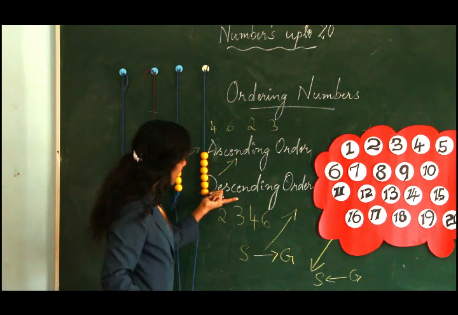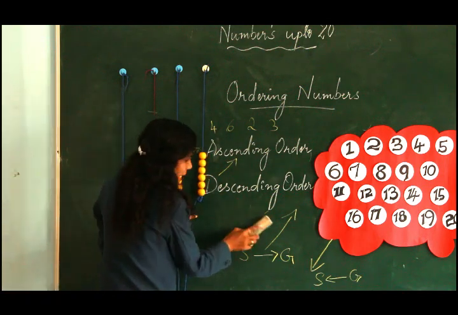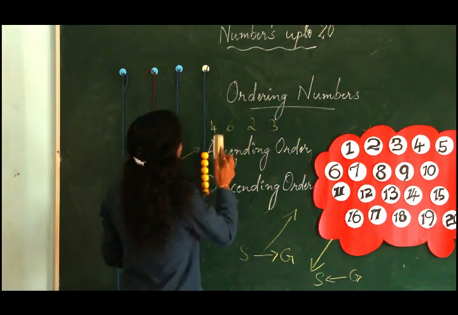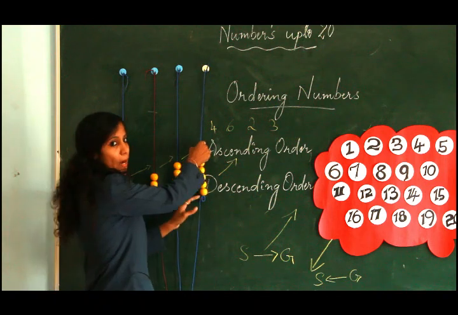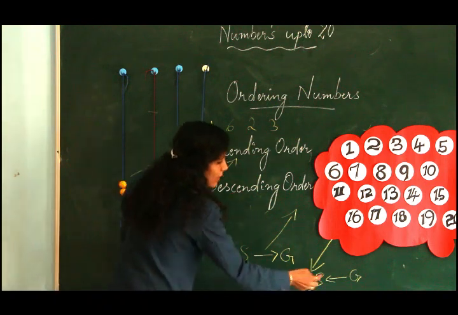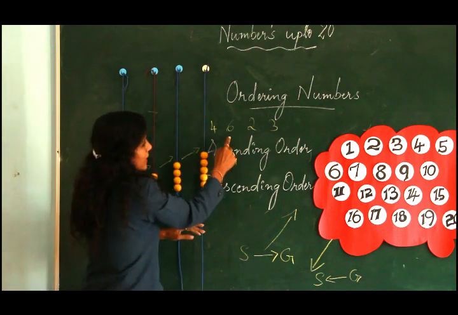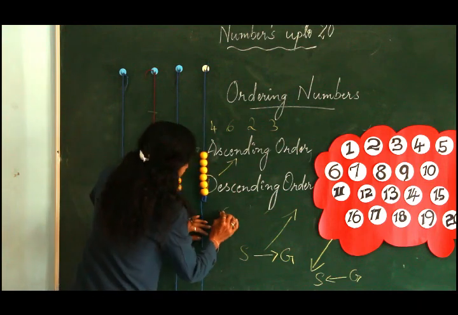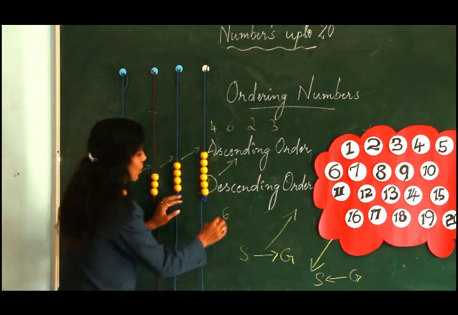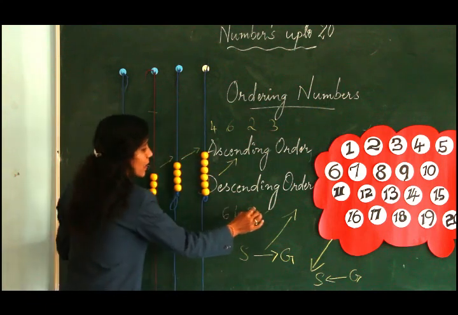Now we go to the next one, descending. We take the same example here with 4, 6, 2 and 3. Now descending is from greatest you come down. So the greatest number here is 6. 6, next 4, 3, then 2.